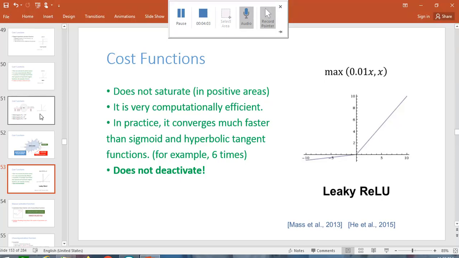This function exists to solve the dead neuron problem. There is a generalization of the leaky ReLU function, in which the value of this coefficient, which is considered here as 0.01, is learned as a parameter in the problem. This generalization is called parametric leaky ReLU or P leaky ReLU.